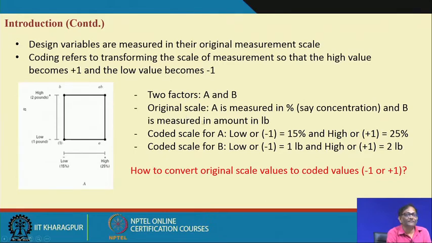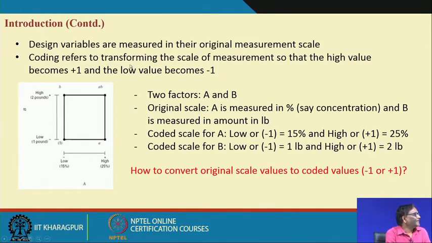read this slide carefully. See, the design variables are measured in their original measurement scale, what I have already told you. If the first factor is reactant concentration, it is measured in terms of percentage, and if the second factor is the amount of catalyst, it is measured in terms of units like pounds.